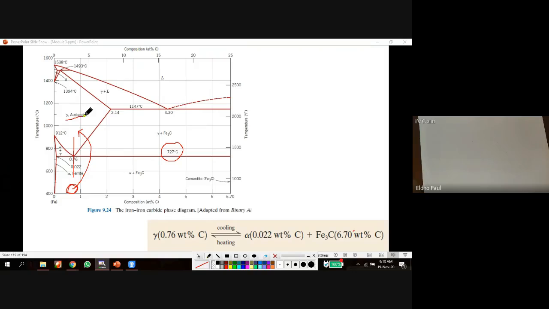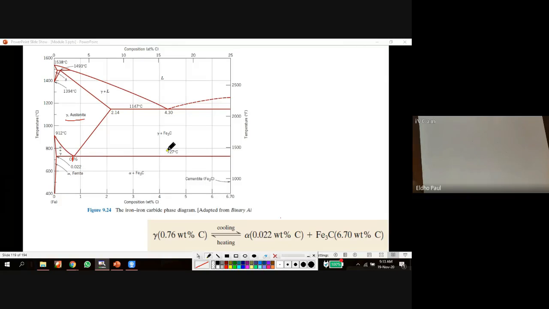From this diagram it is clear that when the eutectoid composition crosses this point, the pearlite, alpha plus Fe3C, is converted to austenite gamma. So 727 degrees Celsius is the heating temperature required to convert the alpha plus Fe3C into austenite at this composition.